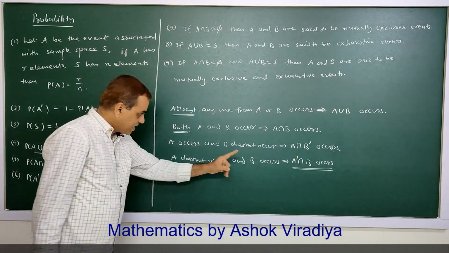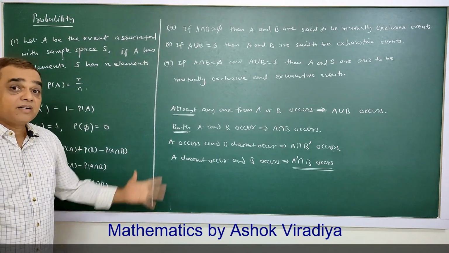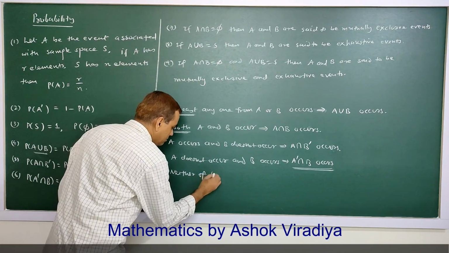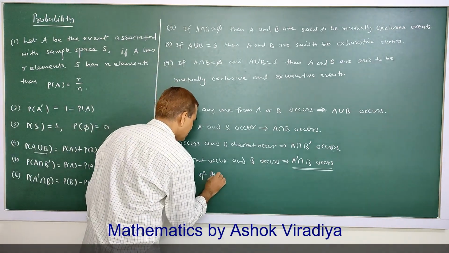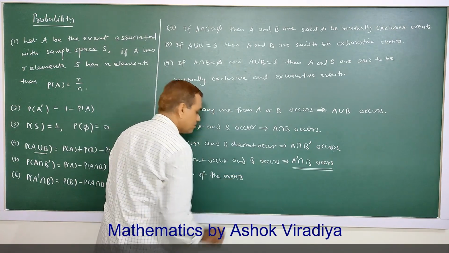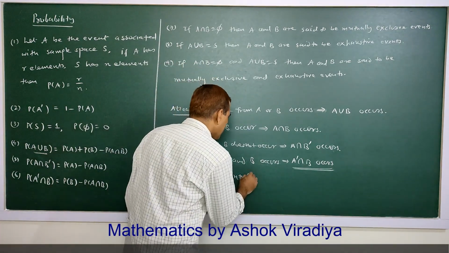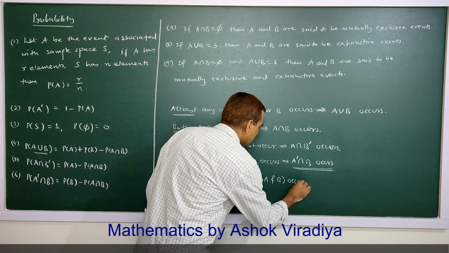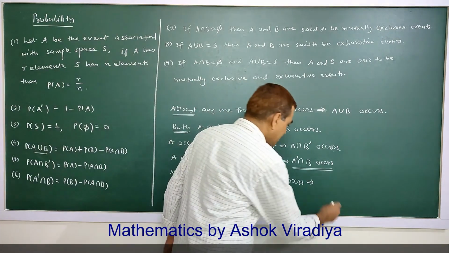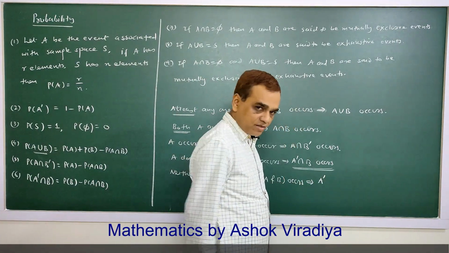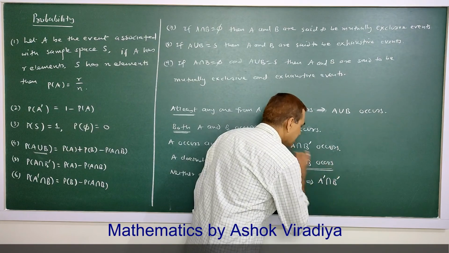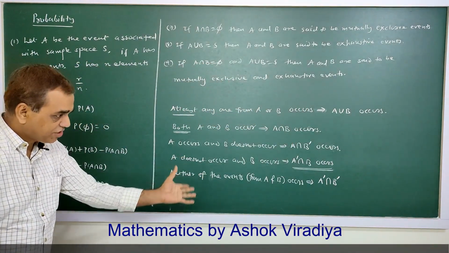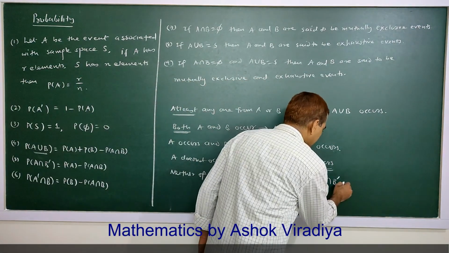Only B occurs, A dash intersection B. Neither of the events from A and B occurs. That means A dash occurs and B dash occurs. So neither of the events occurs, that is A dash intersection B dash occurs.